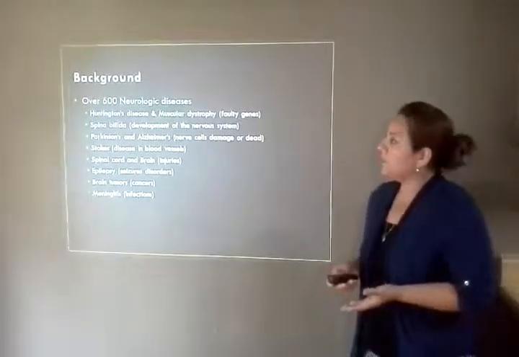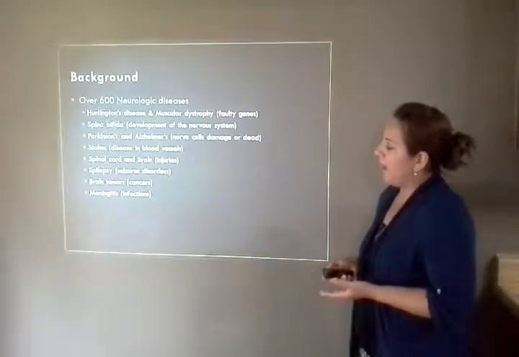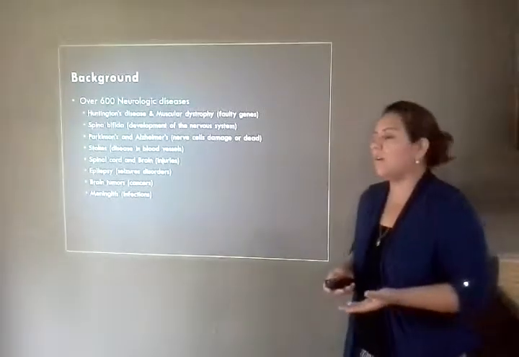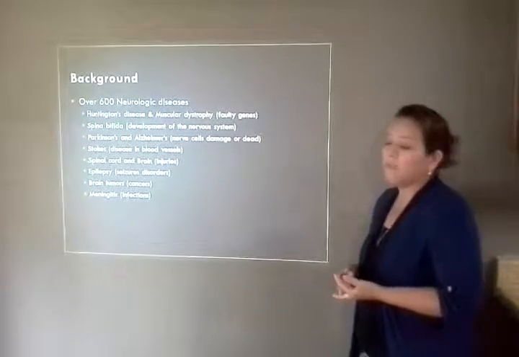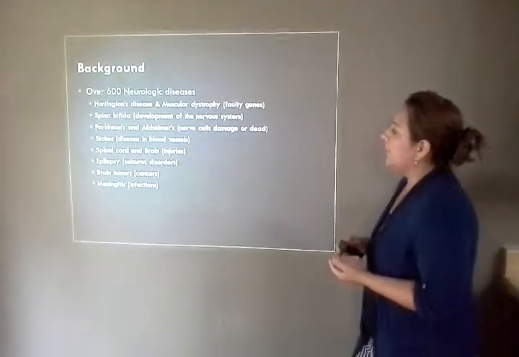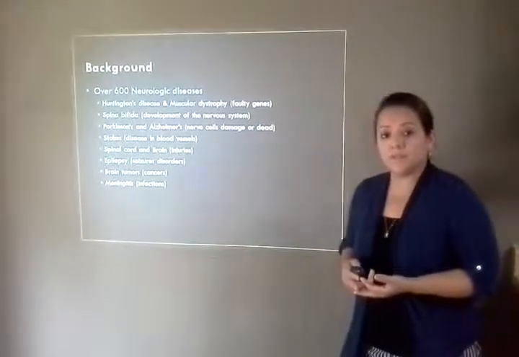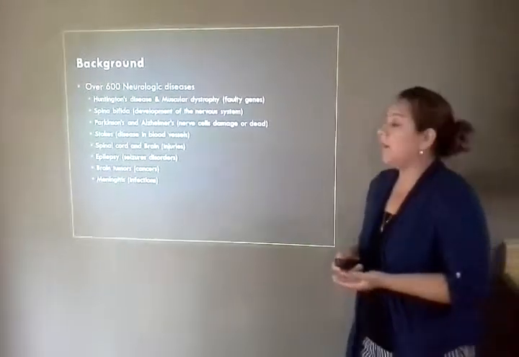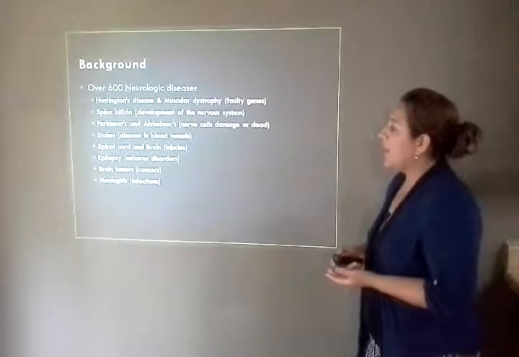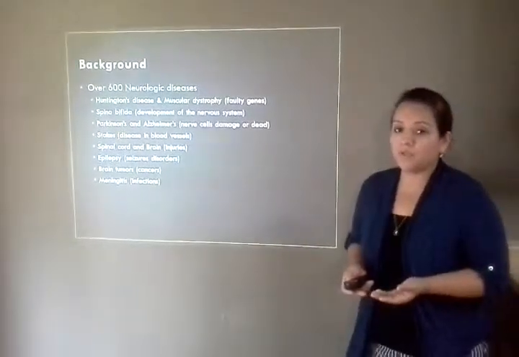There are over 600 neurologic diseases. You have, for example, diseases that are faulty with the genes, and problems with the development of the nervous system. There are cells that are damaged or dead, which is usually the cause of Parkinson's or Alzheimer's disease. You have disease in blood vessels, which causes strokes.